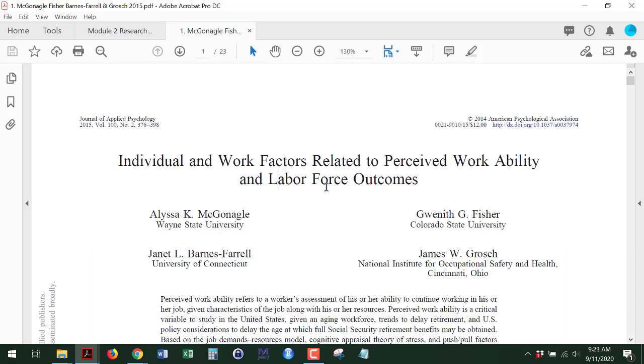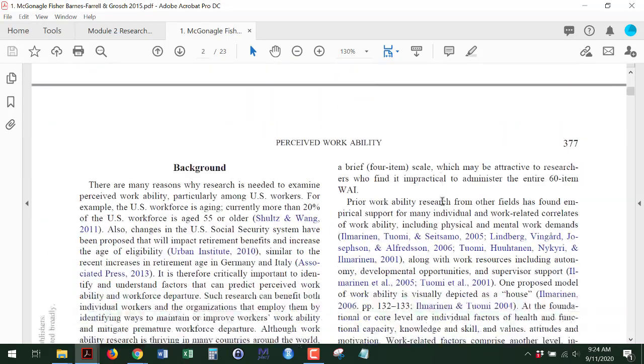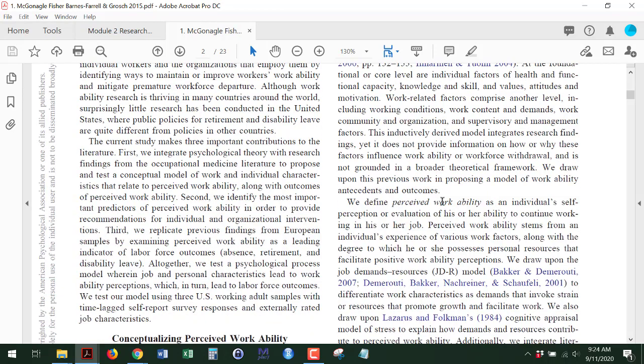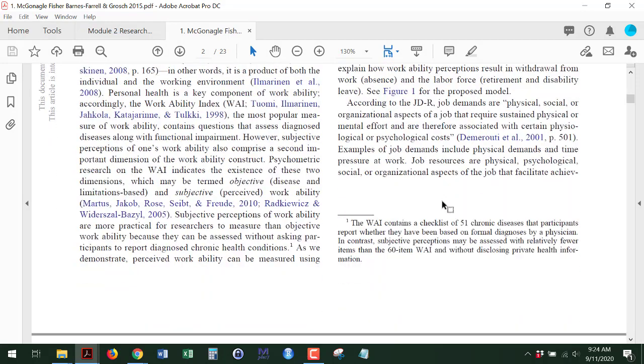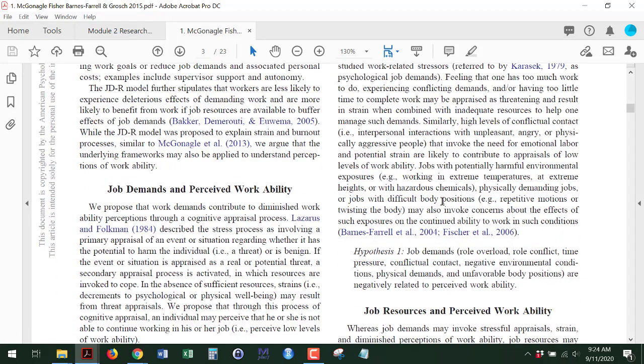So in this study, myself and my colleagues examined individual and work factors that relate to something called perceived workability, which is workers' perception of their ability to continue working, and labor force outcomes. So what happens if they perceive low workability, for instance. So in this first part of the article, we give the background. This provides understanding of research that has already been done and the theory that we are using to help support our hypotheses.